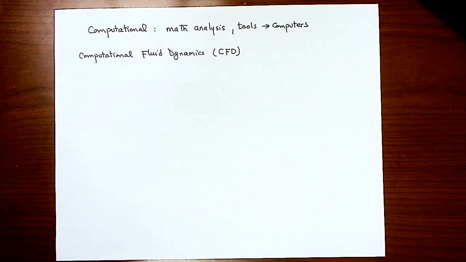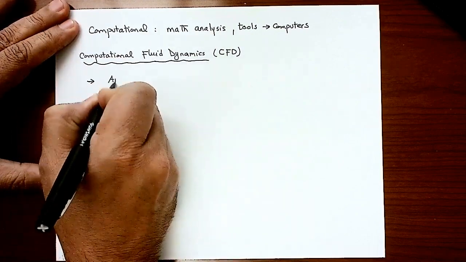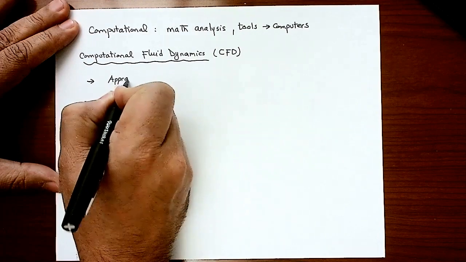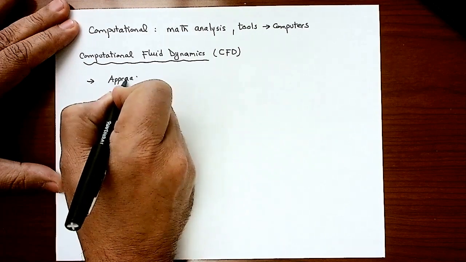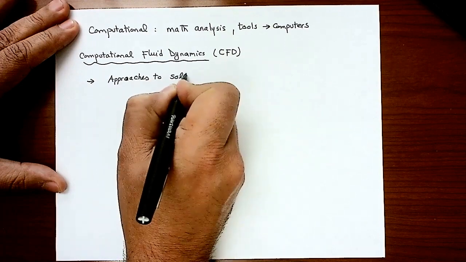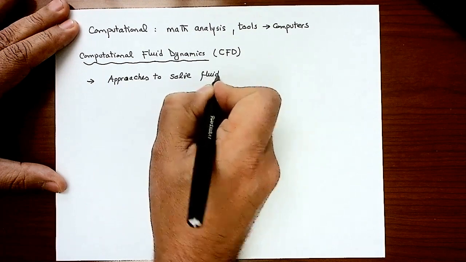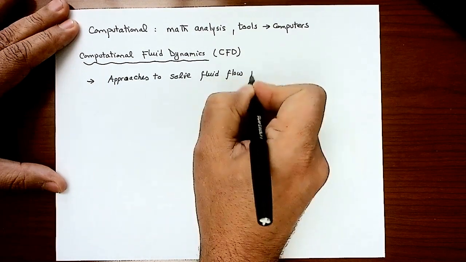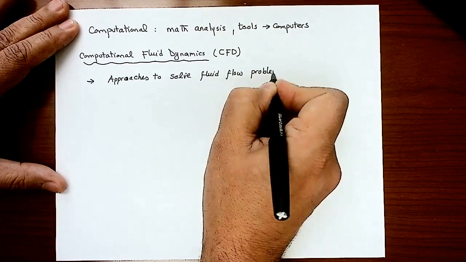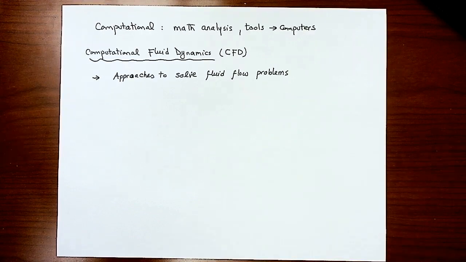if you want a very simple definition to that, it's actually an approach. In a simple word, it's an approach to solve fluid flow problems. So it's a method to solve fluid flow problems, and now we know the definition of fluid, right?